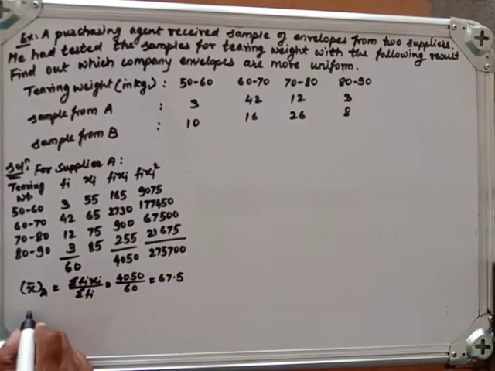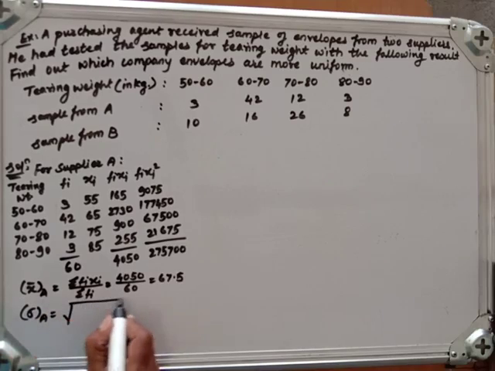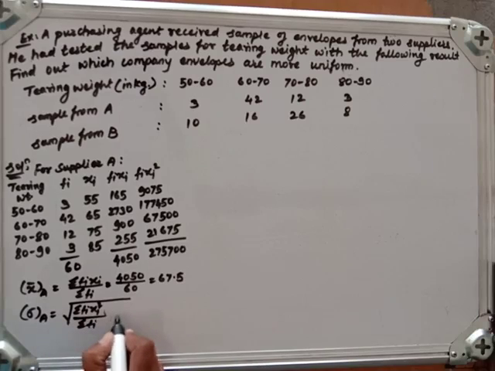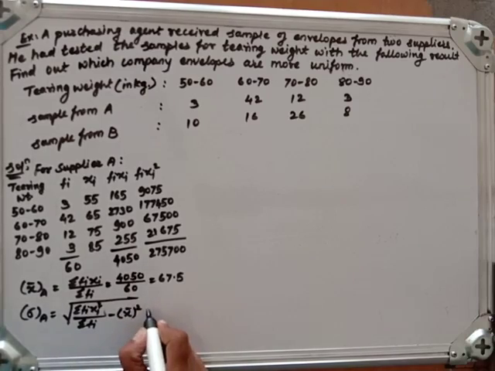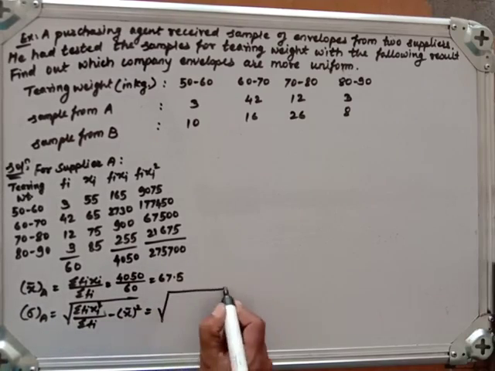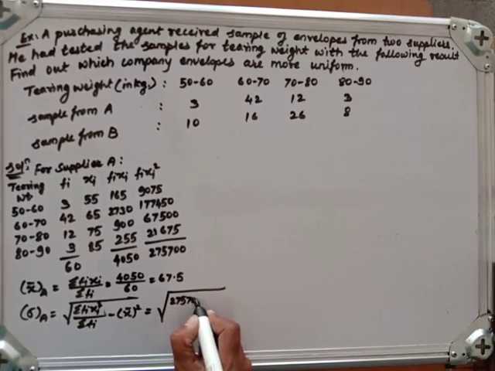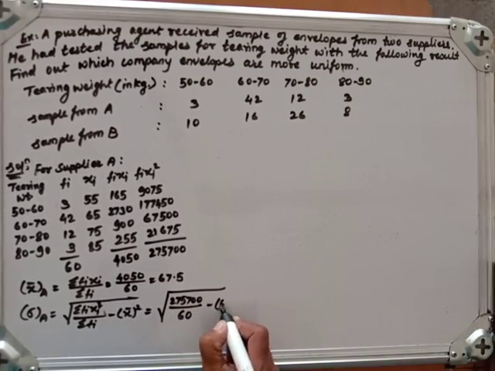So now standard deviation for A. It will be square root of summation FI XI square upon summation FI minus X bar square. So it will be root of 2,75,700 upon 60 minus 67.5 square.